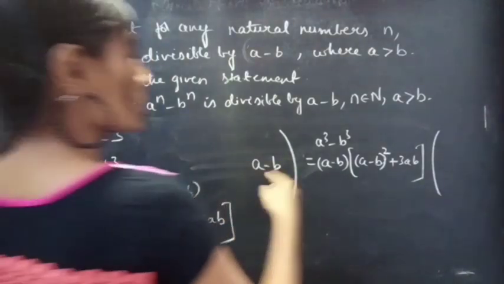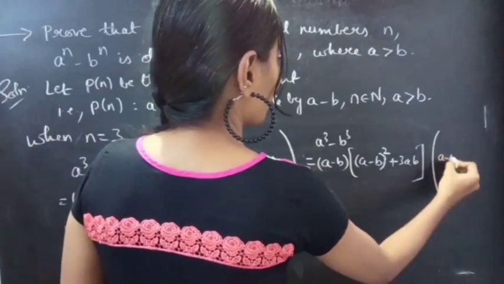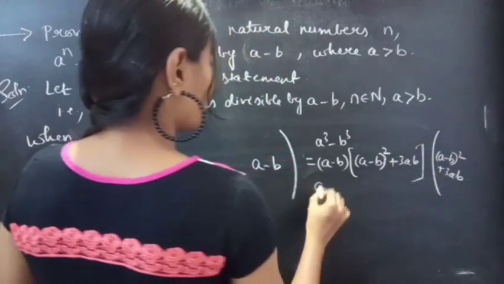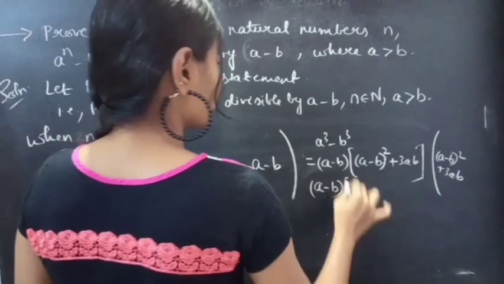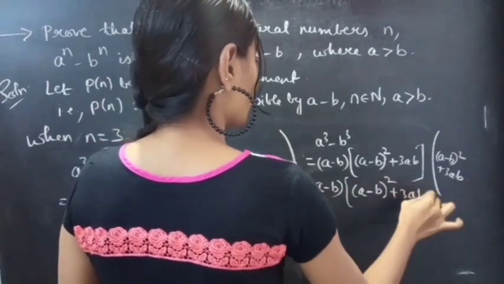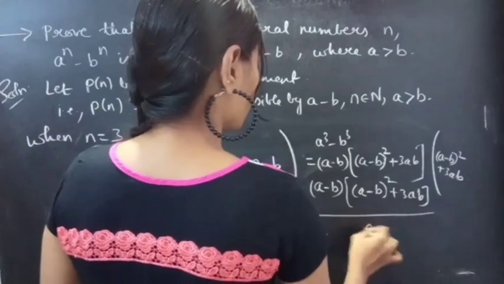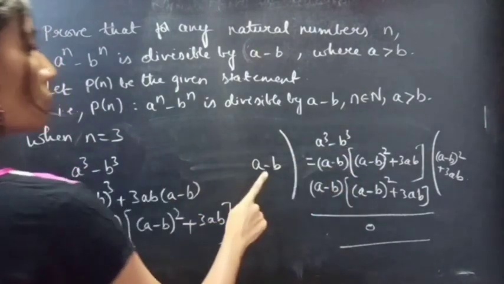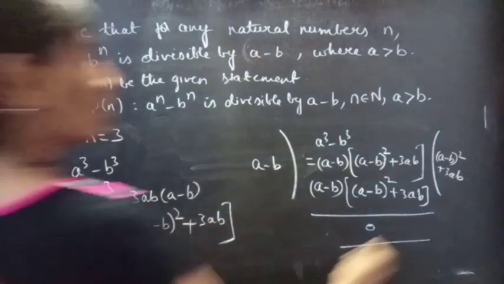So (a − b) into [(a − b)² + 3ab] divided by (a − b) gives (a − b)² + 3ab with remainder 0, right? So we can say that a³ − b³ is divisible by a − b.